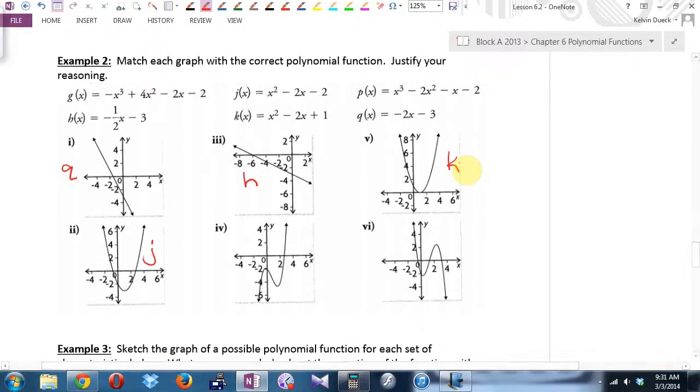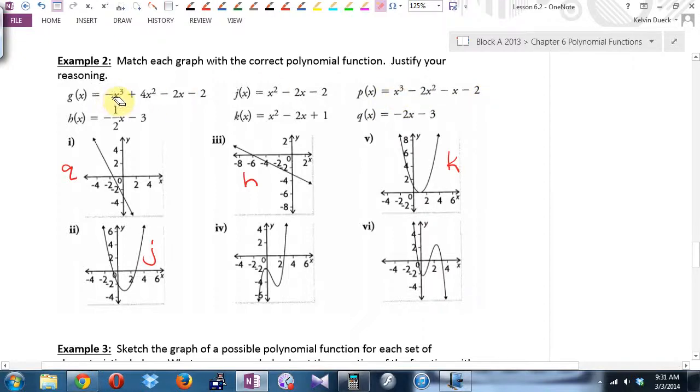Now let's look at the cubic functions, the x cubeds. Looks like we're looking between G and P. What's the y-intercept of this one here? -2. What's the y-intercept of this one here? Okay, that doesn't help me at all. Let's go look at the leading coefficient. Leading coefficient here, positive, here, negative.